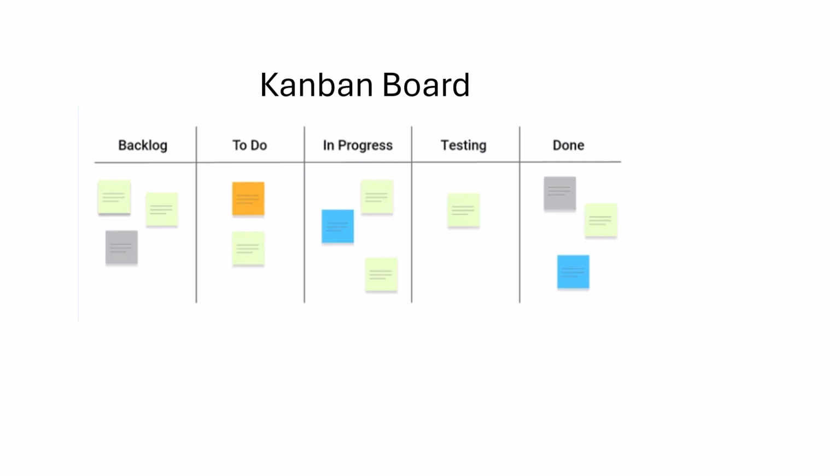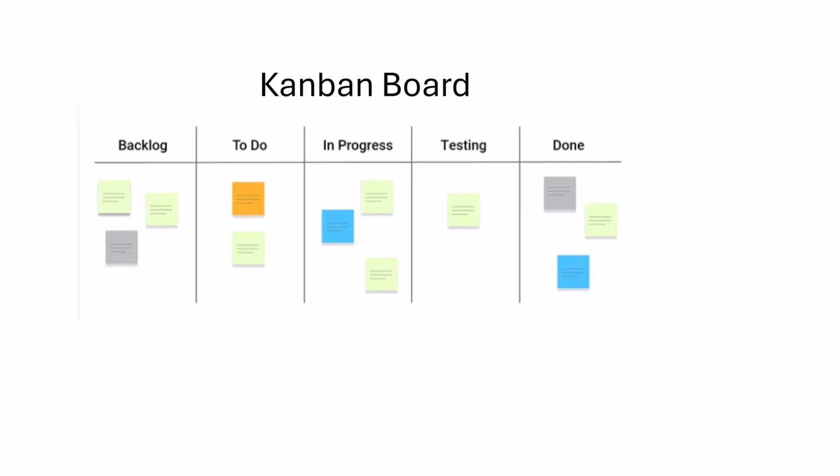Whenever a customer calls in with an issue, you create a ticket, and the ticket becomes ready in the To Do column, ready for one of the people to work on it. When someone is available, it moves from To Do to In Progress, and when that person finishes working on it, it moves to Testing, and then when the testing is done.